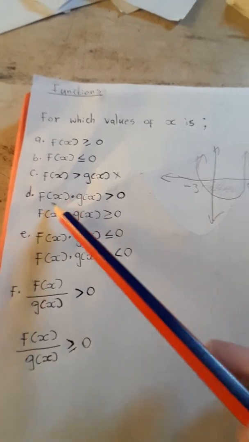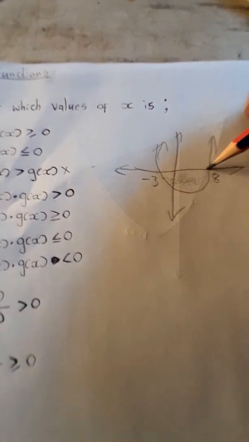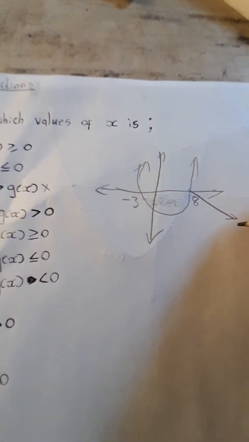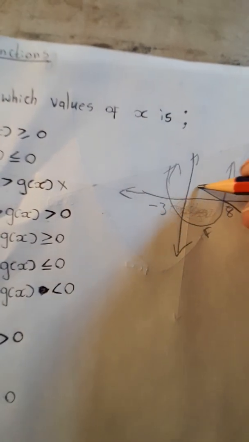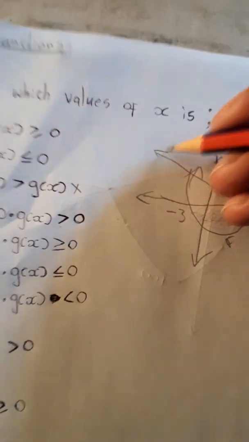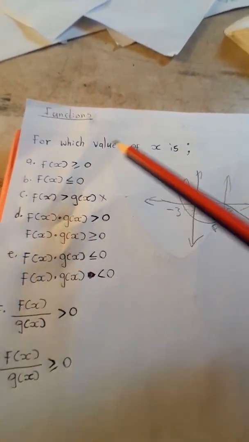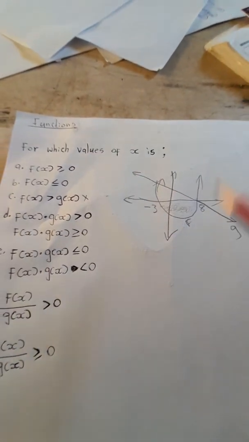This one here, let's say we introduce a straight line that passes here. We call it g of x, and we call this f of x. This is a straight line, and they ask us for which values of x is f of x times g of x greater than 0.